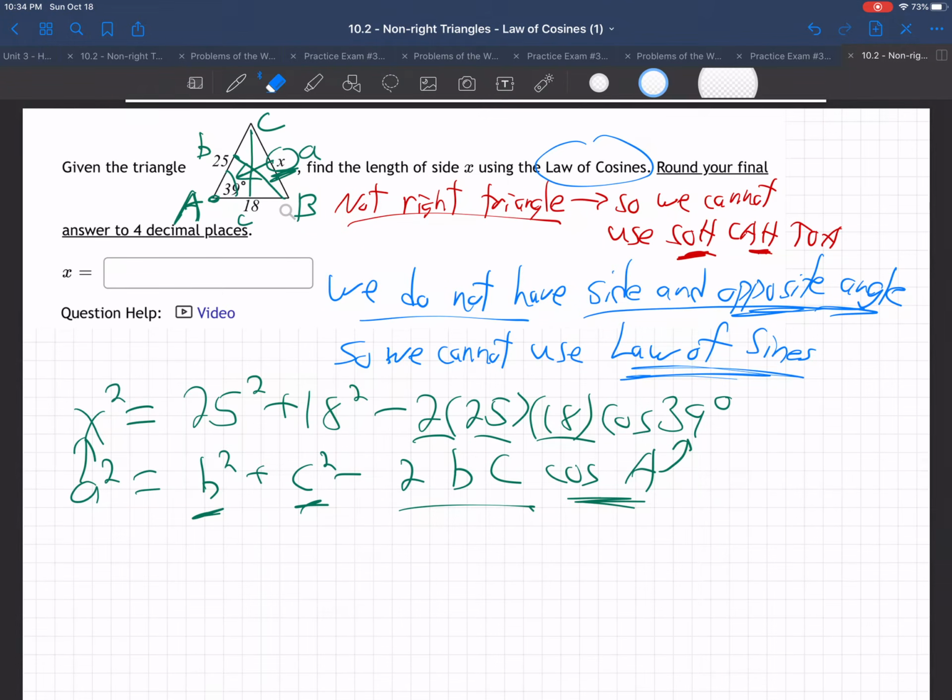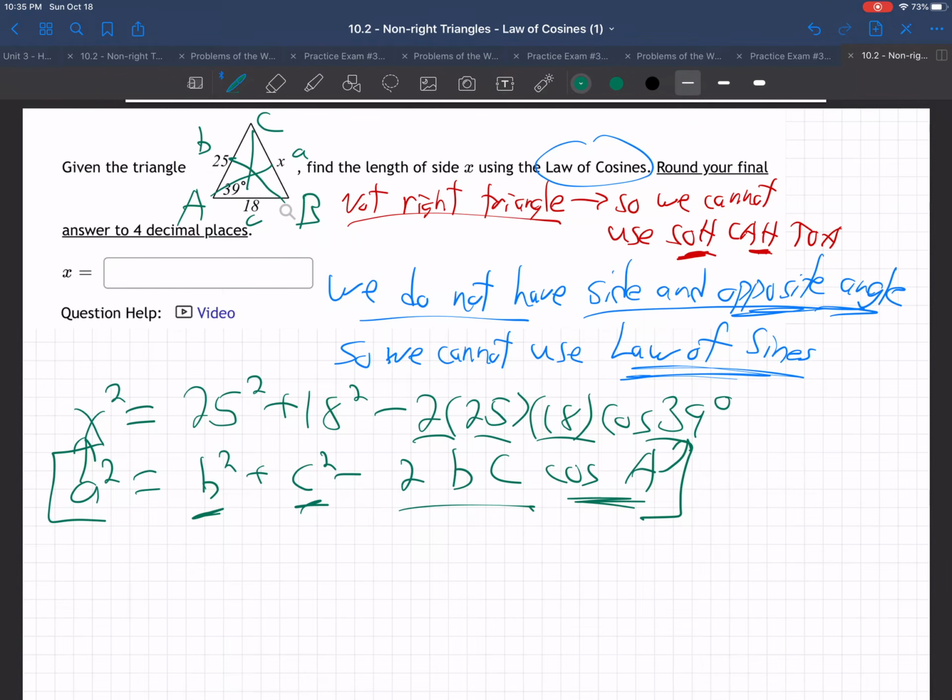Now I just called that A. You could say, I'm going to call it B, and the whole thing would still work. It doesn't matter. Let me just put it back. A, B, C. That means this is little a, this is little b, this is little c. And then you plug into your law of cosines. So I'll just put in parentheses here. That's what we just basically did.